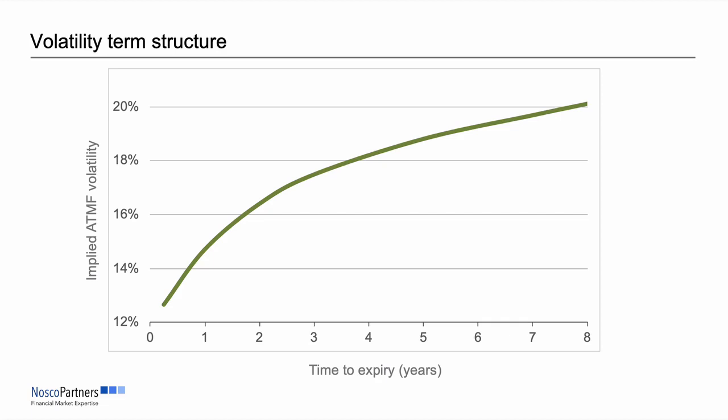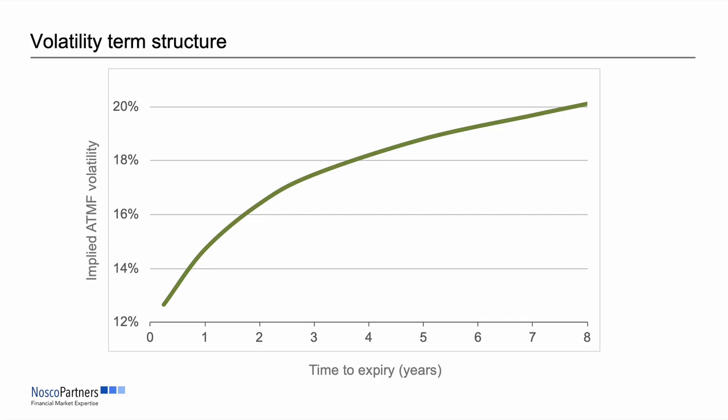That is, the general level of volatility also depends on the time to expiry. In our example, the implied at-the-money forward volatility of short-term options is much lower than the implied at-the-money forward volatility of longer-term options.